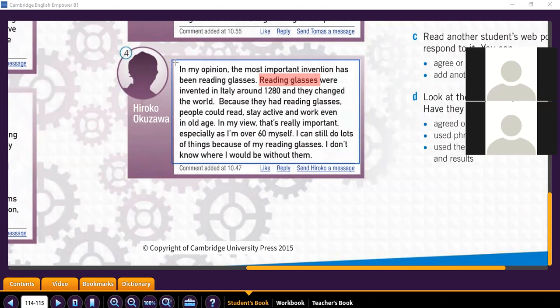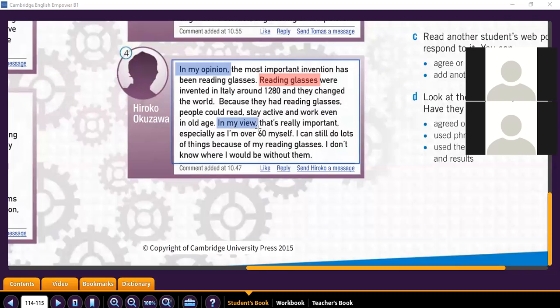In my opinion will be the first one. En mi opinión, very good. And we have a second phrase. What is it? ¿Cuál es la segunda frase que nos permite dar nuestra opinión? In my view. In my view, exactly, in my view.